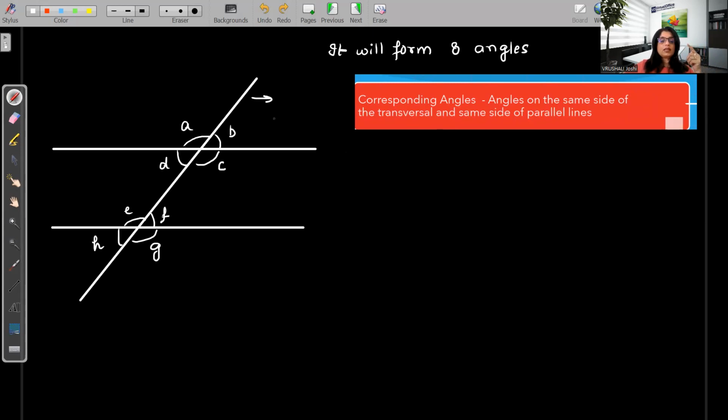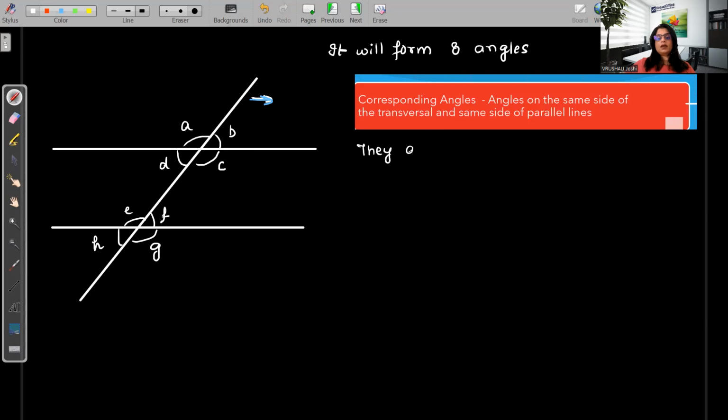Same side of the parallel line means either above the line or below the line, correct? So above the line means we are talking about angle B and angle F. What are the properties of corresponding angles? The properties of corresponding angles are equal.